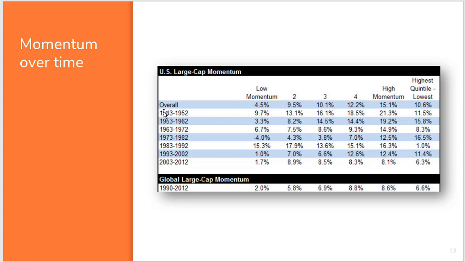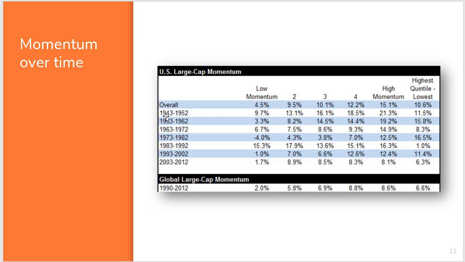So let's see. We can see that here we have low momentum and we have high momentum. So instead of just picking the 50 best or the 50 worst, these guys have split it up in 5 different parts. So we have the 20% up here with the highest momentum, then the 20% with the next highest, and so on down to the 20% with the lowest momentum.